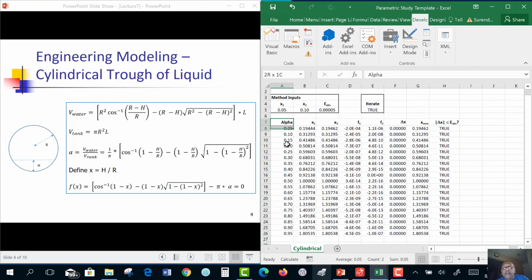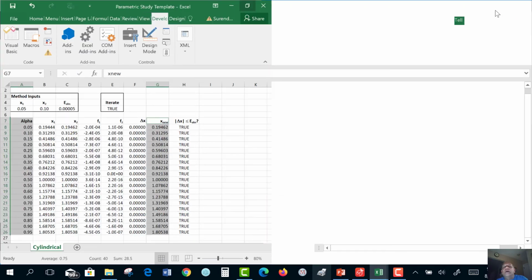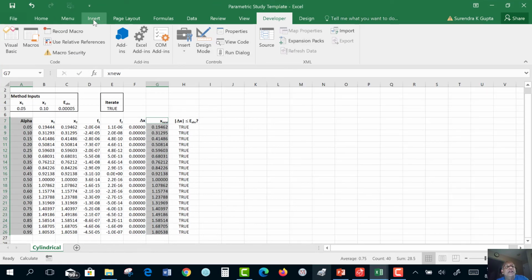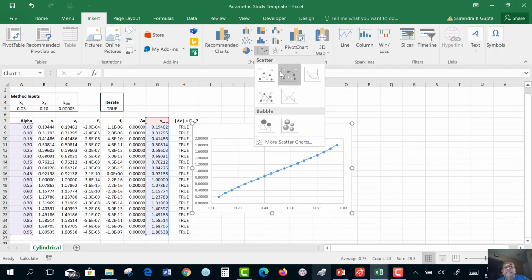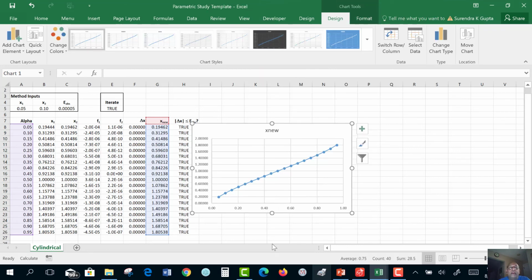So what we can do is plot alpha versus x new. And we can see what that looks like. So we insert an xy scatter, and you can see, so this is percent fill of water.